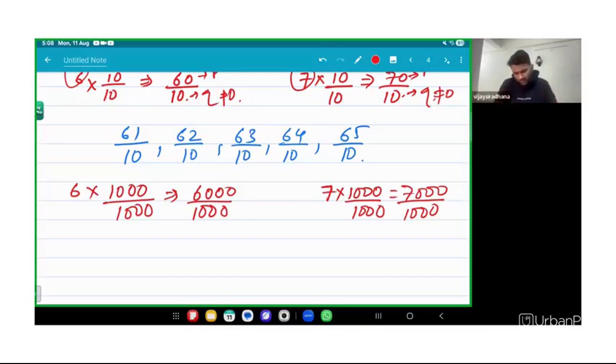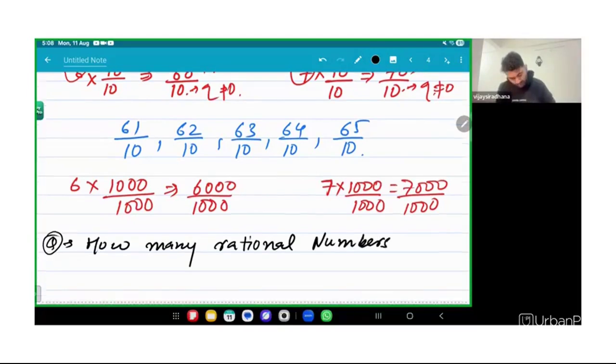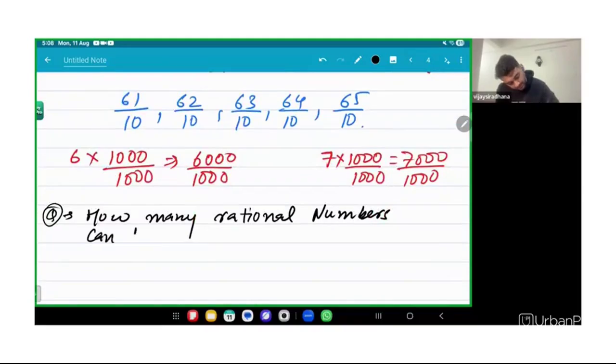One more question there is: how many rational numbers can be there between 6 and 7?